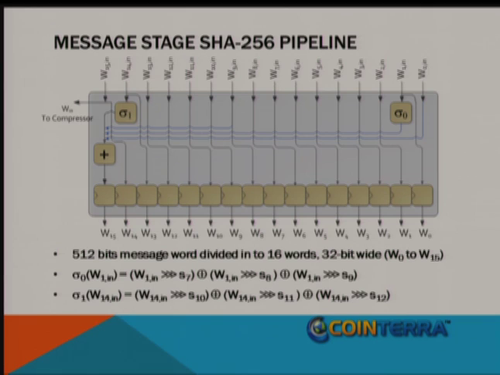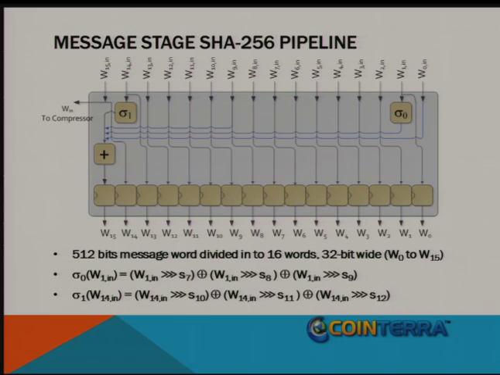Here also, at every stage, a new value of W15 is generated based on W0, W1, W9, and W14. The new value is stored in the W15 register, and the registers W14 through W0 are essentially staging the 15 previous values of W15.